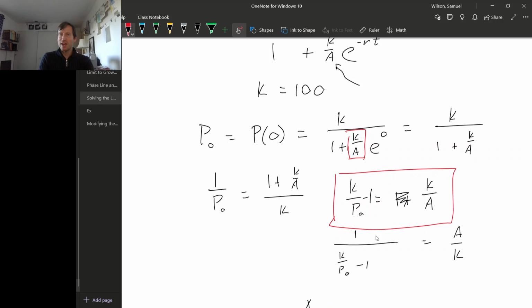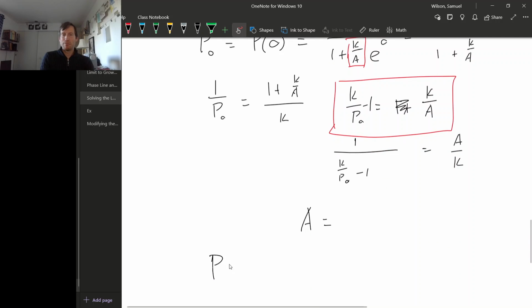So K over A is K over P naught minus 1. So we have our population is K over 1 plus K over P naught minus 1 times e to the minus rt.